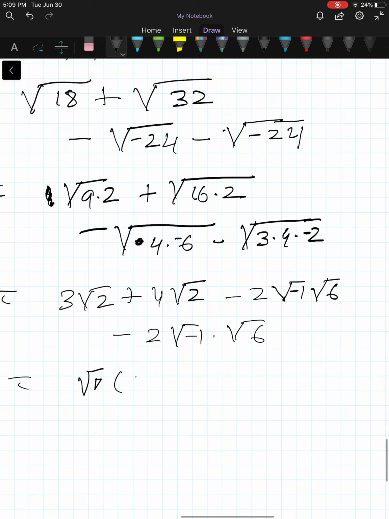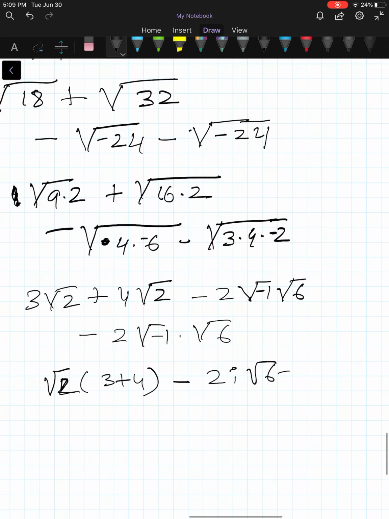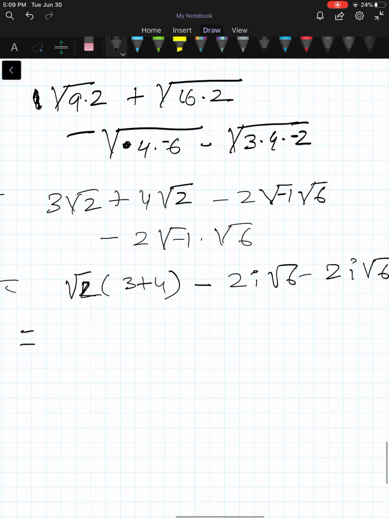So this will be nothing but square root of 2 times 3 plus 4. Square root of 2 is common in both the terms. So minus, this would be 2i square root of 6 minus 2i square root of 6.